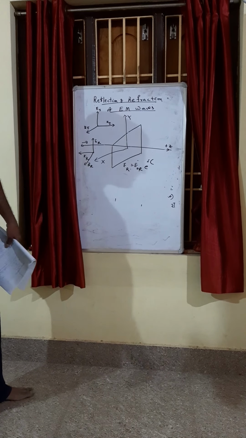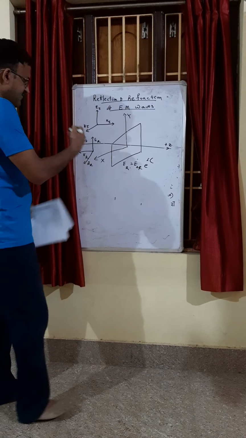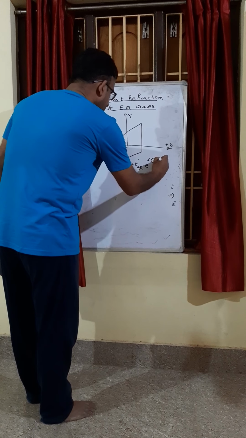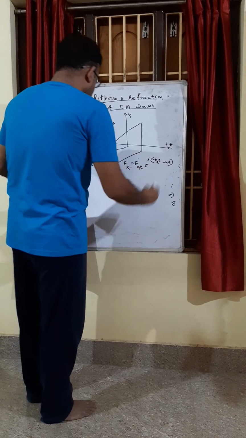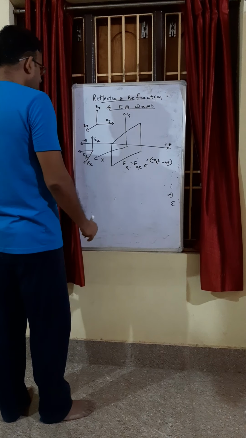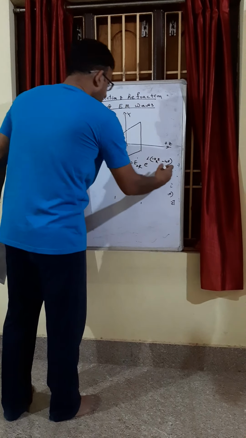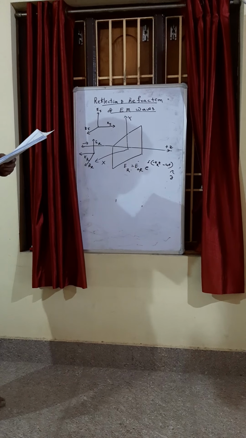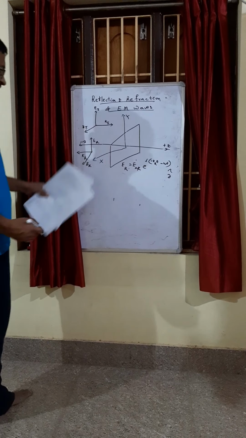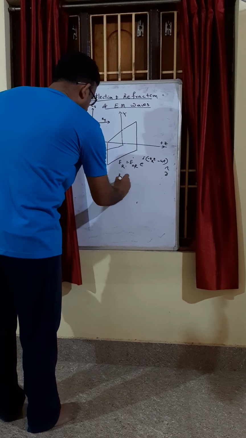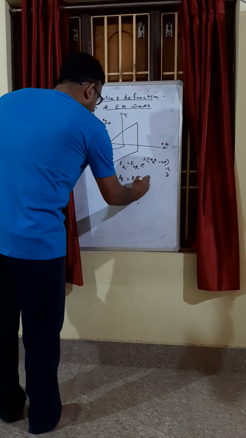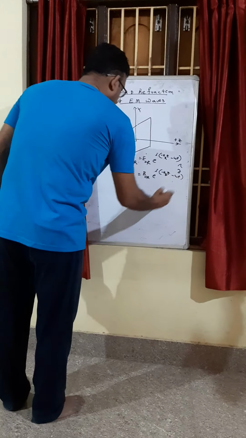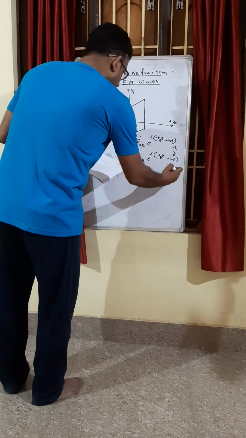In case of the incident wave it was ki into z, but as the direction is reversed, it will be minus kr into z minus omega t, and the reflected electric field is along the y-axis, so I'll write j cap here. Similarly, for the magnetic field, we can write Br equal to the amplitude of the magnetic field, then e to the power i, minus kr into z minus omega t, along the i cap.